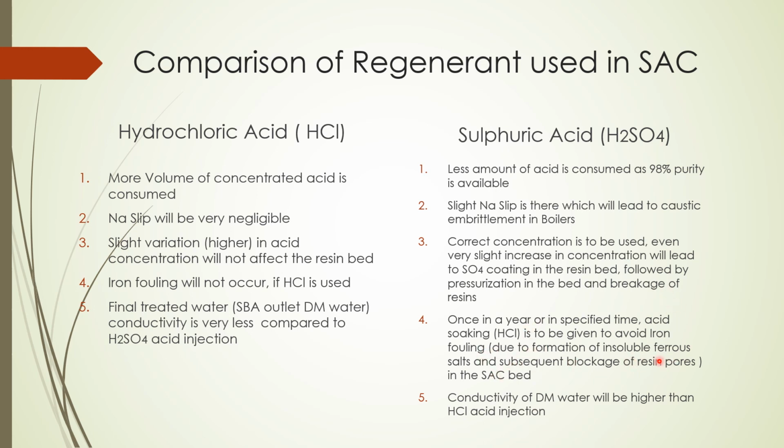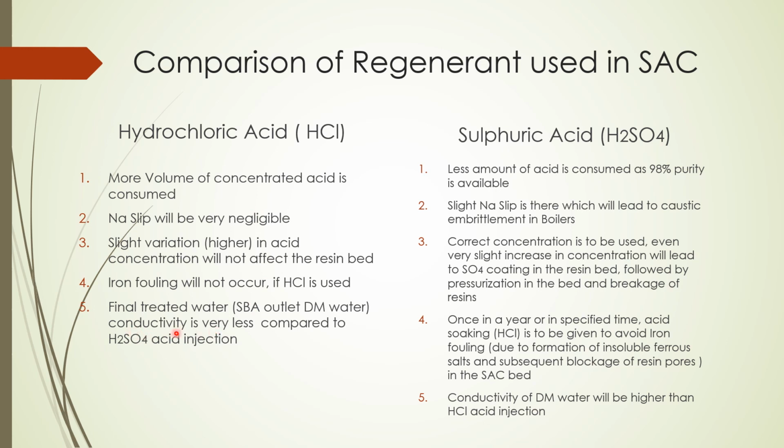This is due to the formation of insoluble ferrous salt, which will block the resin pores in the SAC bed. So iron fouling is to be removed by means of HCl soaking only, which will not occur if HCl is used in the regeneration.